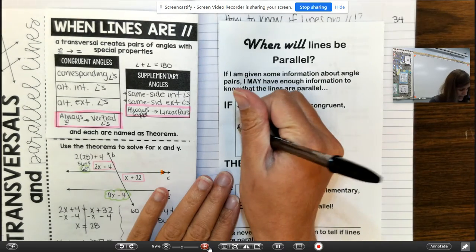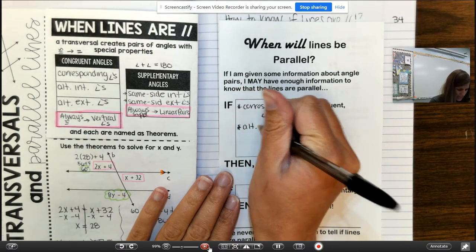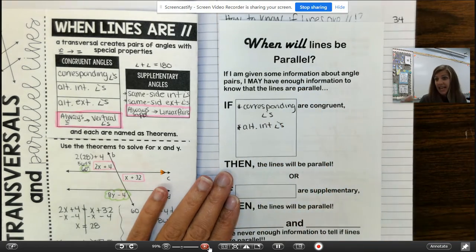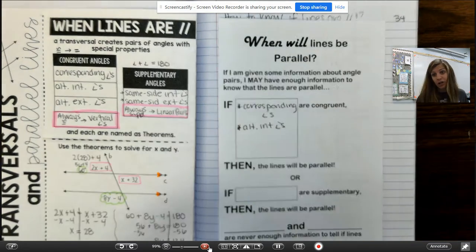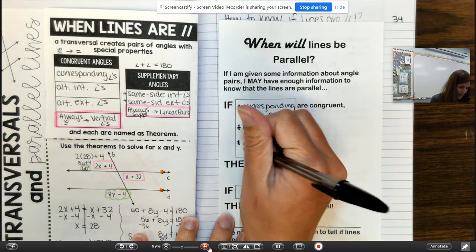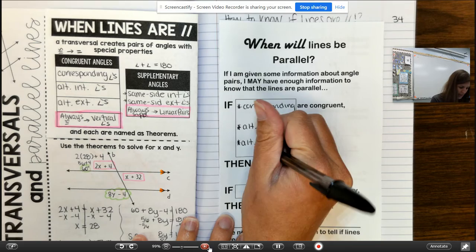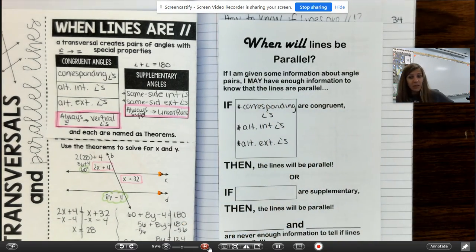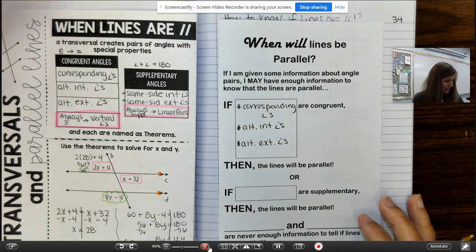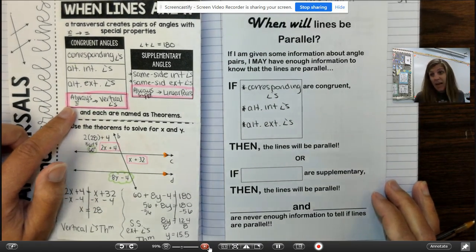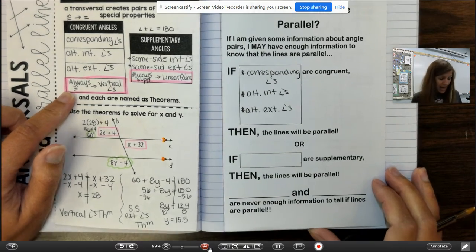Or if I know that alternate interior angles are congruent, then I have enough information to say for sure that the lines will be parallel. Or if I know that alternate exterior angles are congruent, then I know for sure the lines are parallel. However, because vertical angles are always congruent, it doesn't matter if I have parallel lines or not.